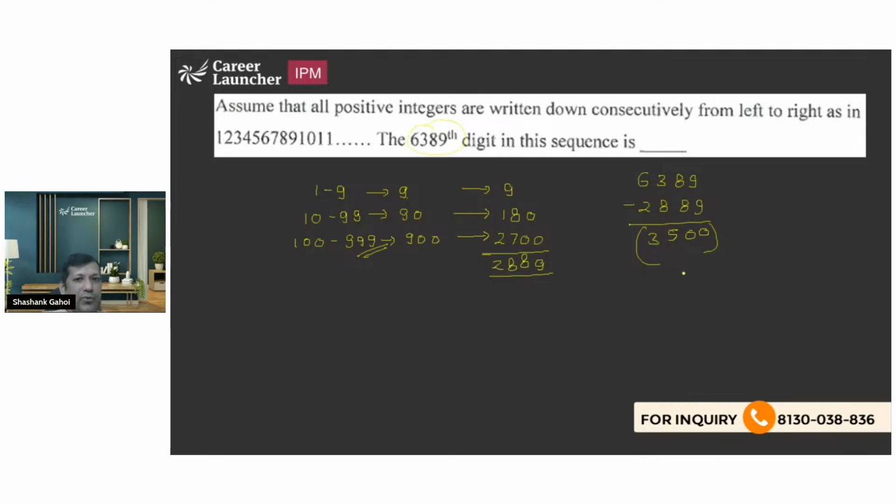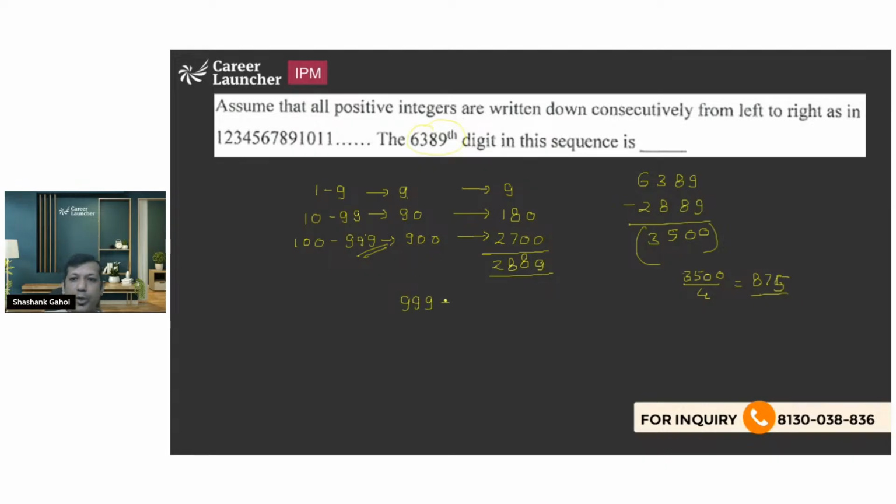So how many numbers are we talking about? We are talking about 3500 divided by 4, and that comes out to be 875 numbers. We have already written till 999. Now I have to write 875 numbers more. So which will be the last number?